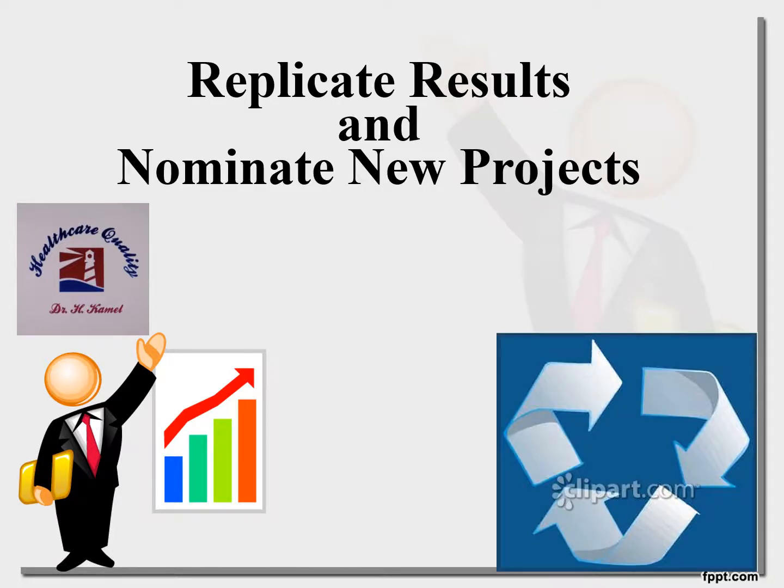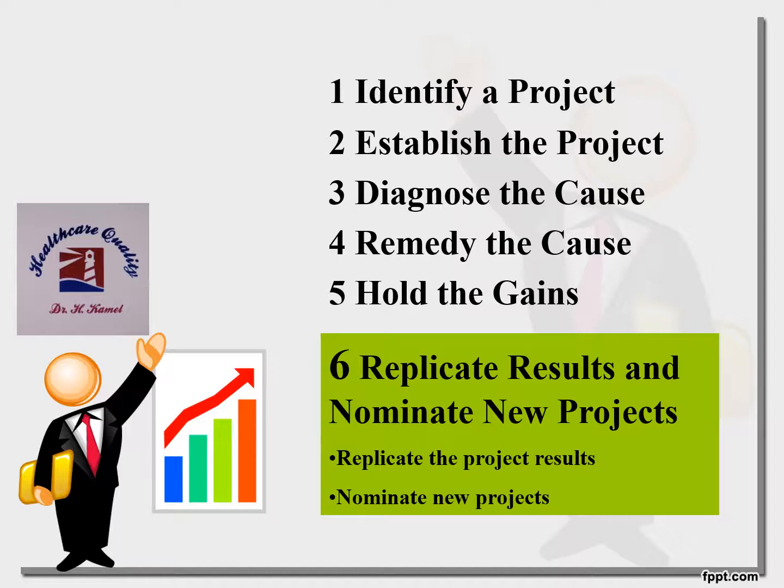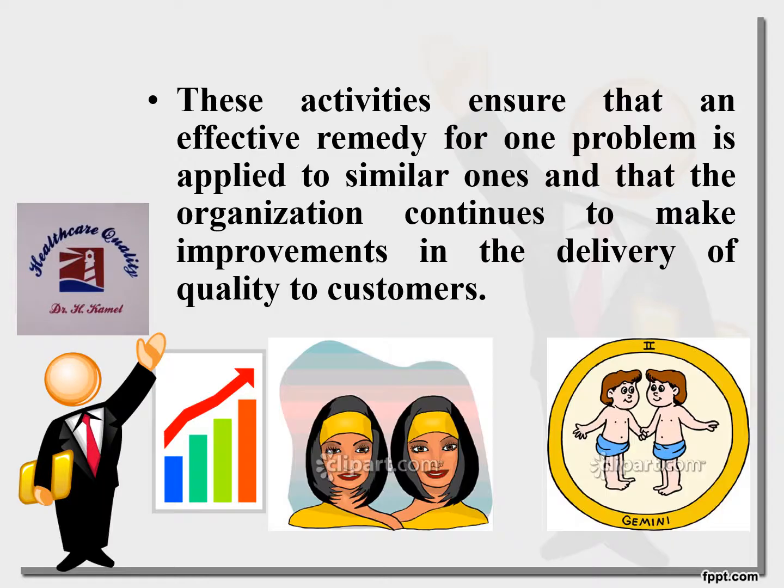Now we come to the last step in the quality improvement process, which is replicate results and nominate new projects. These activities ensure that an effective remedy for one problem is applied to similar ones, and that the organization continues to make improvements in the delivery of quality to customers.